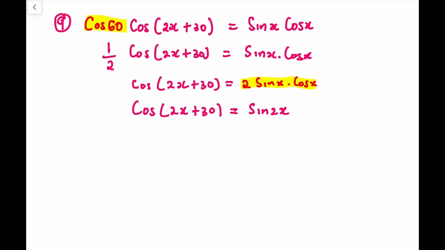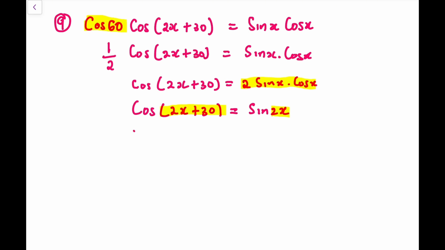So remember, if we have cos and sine, we take it to tan. But now you need to check the angles must be the same. So these two angles are not the same. So we cannot divide by cos on both sides because angles are not the same. But if they are not the same, remember your cofunctions.